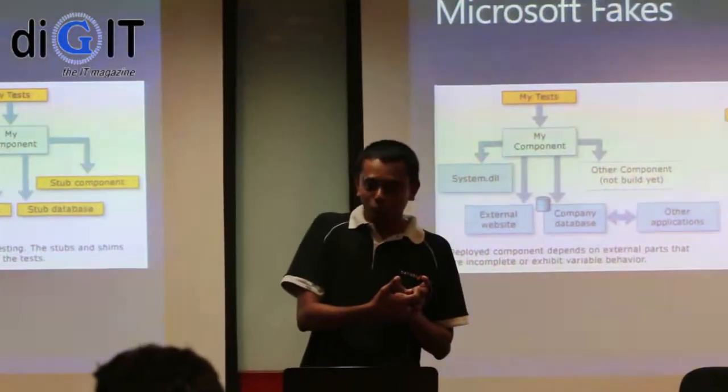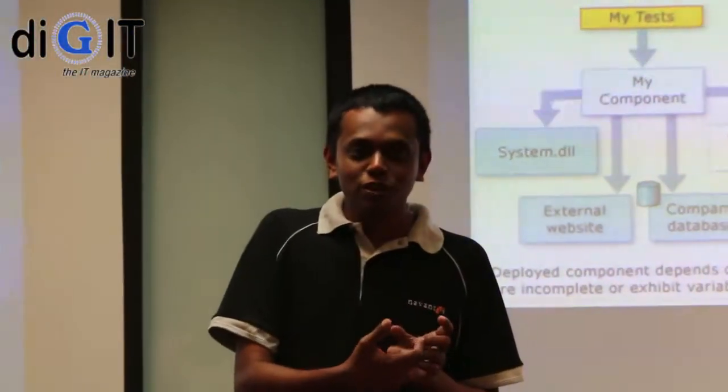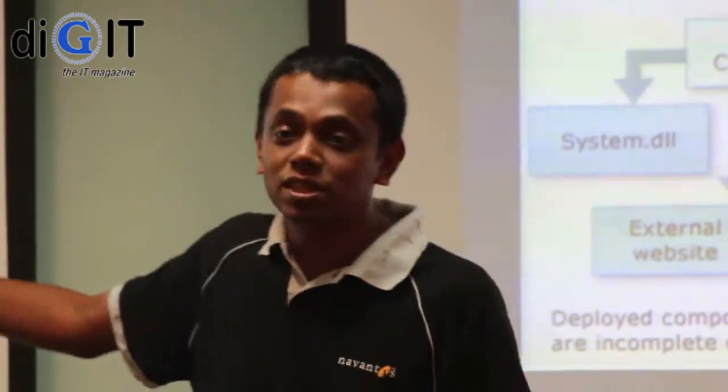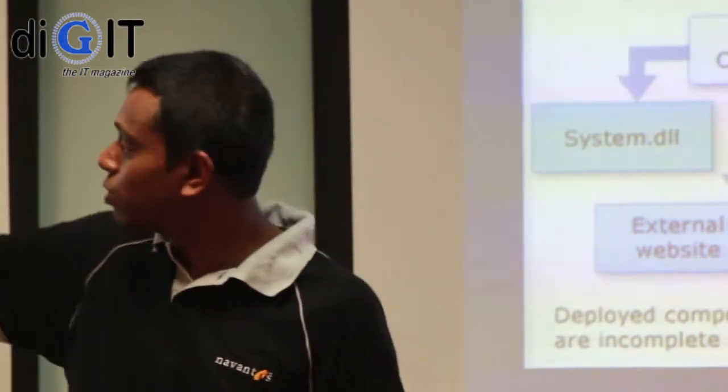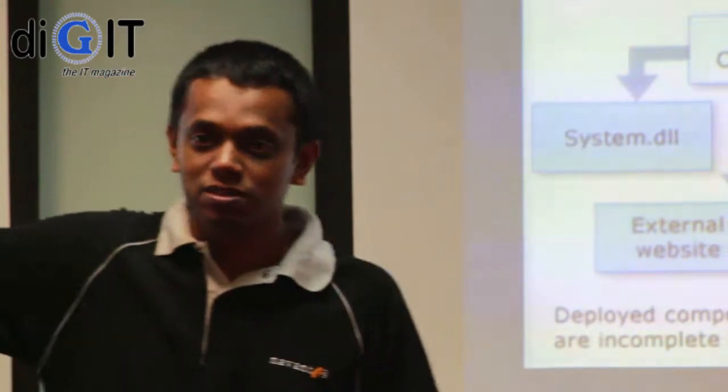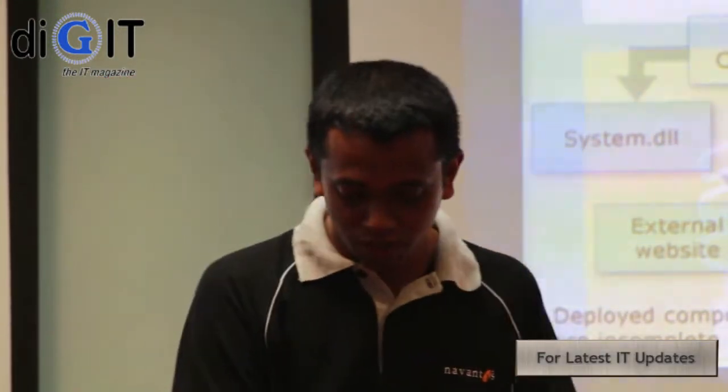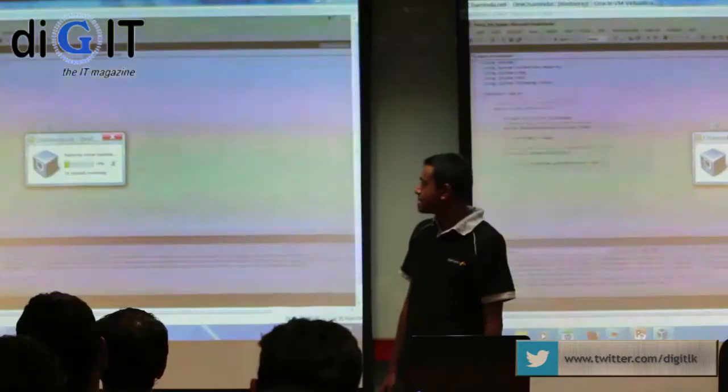It is not possible. So you have to test the other people's code. How can you mock that? You can't use stubs, unless they have properly written the code. Sometimes you won't even be able to see their code, because they are not willing to give it to you. In that case, your only option is to go to shims. So we can have a look at how to do these things.